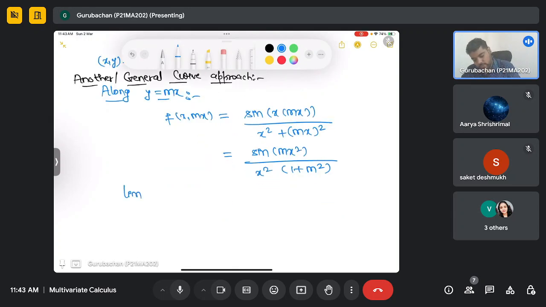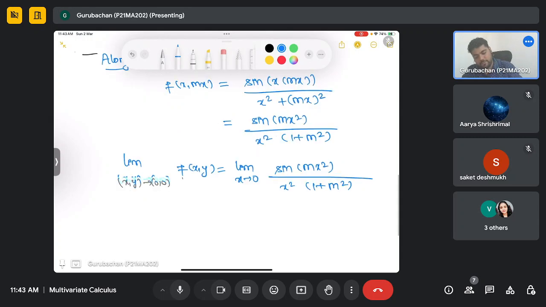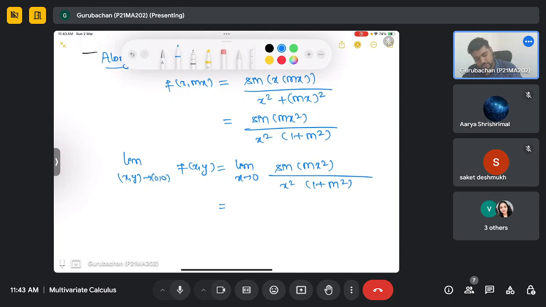So this will give us the limit of f(x, y), as x tends to 0, of sine of mx squared over x squared times (1 plus m squared).